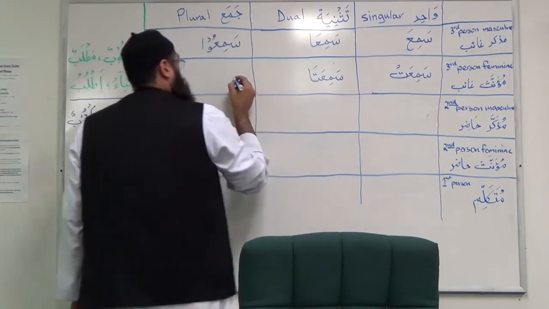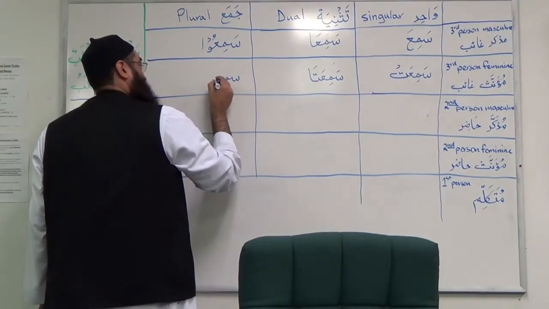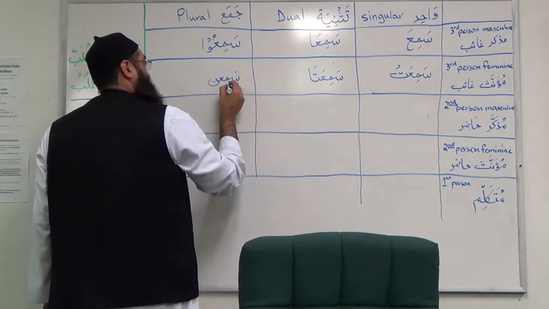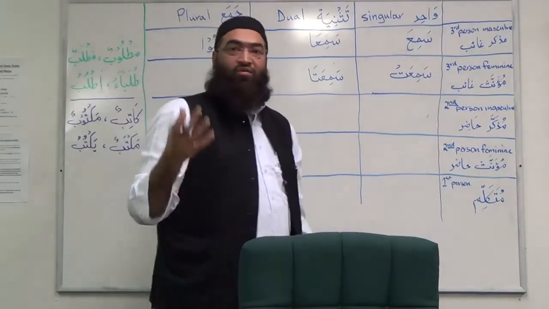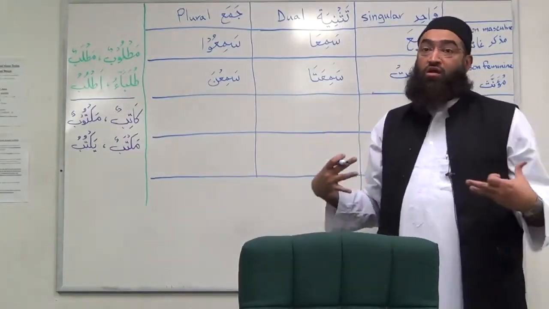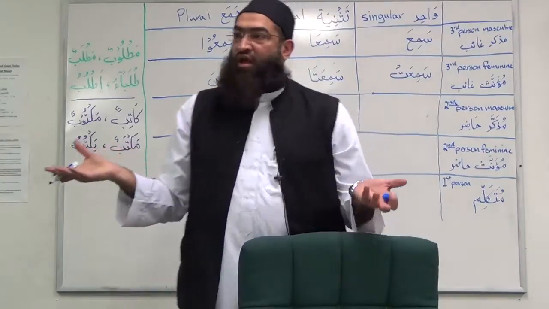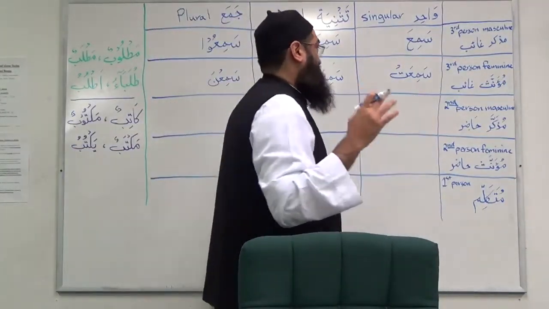Sami'na, all those ladies. We hear a lot of times سمعنا وأطعنا, we hear and we obey. But that is mutakallim, سمعنا, we hear, وأطعنا, and we obey. Whatever Allah and His Rasul say, we hear it and we obey it.